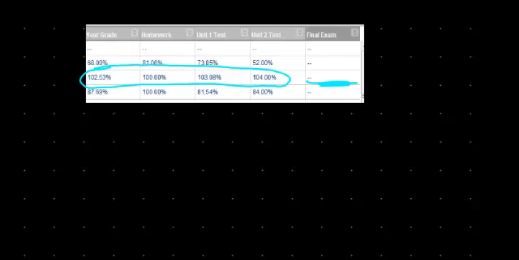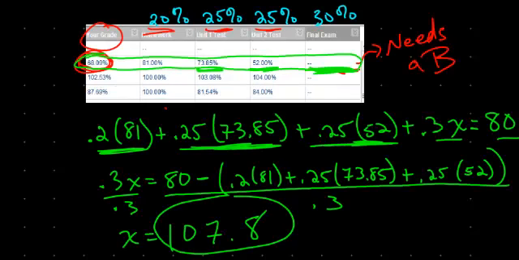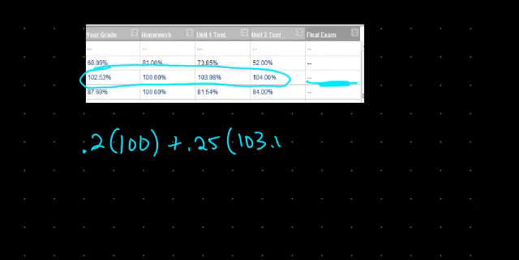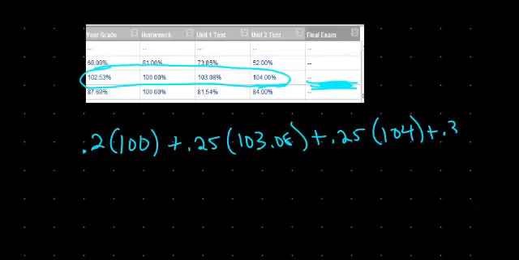So homework was 20%, 0.2 times 100, plus unit test 1 was 25%, 0.25 times 103.08, plus unit 2 test is 0.25 times 104, plus final exam is going to be 30%, 0.3x, and we want that to equal a 90.